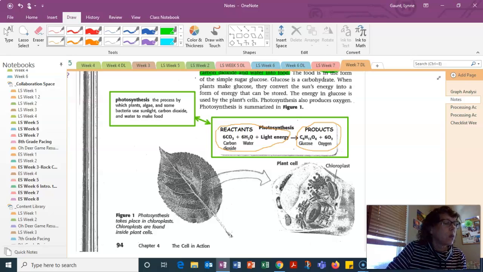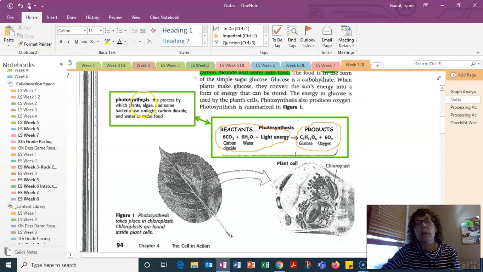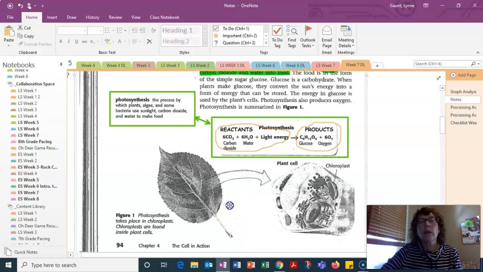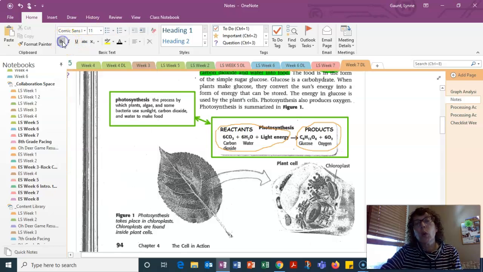I need to do one more thing down here at the bottom, and I'm going to click on Type and go to my Home tab, because right down here I want to type in Comic Sans, and I'm going to choose bold.